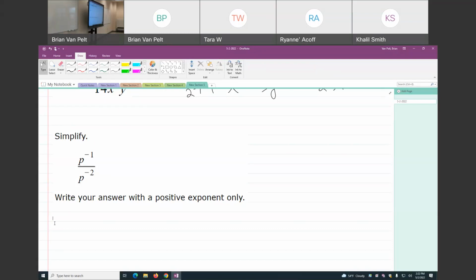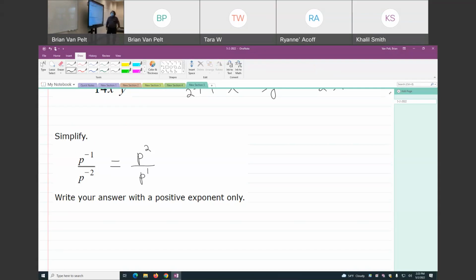Well, no, but keep it there. All right, wait, first of all, you know you can switch them, right? And it becomes P squared over P to the 1. That's not done though. We have the second P to the 1.